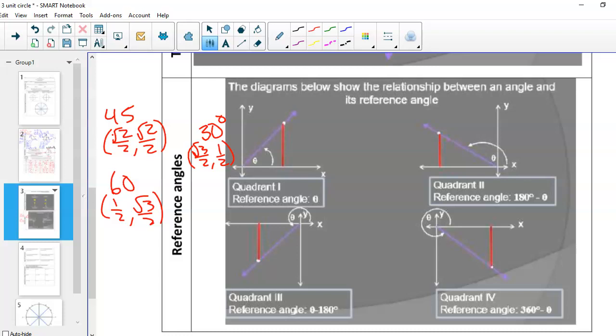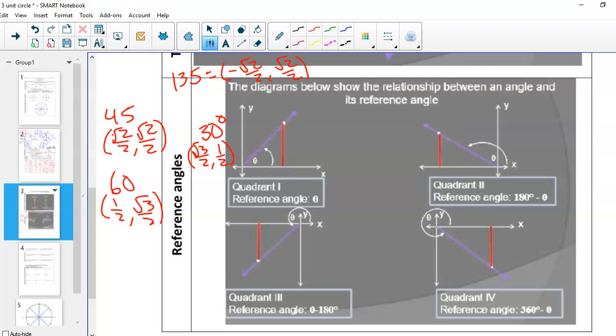So that means 135 in the second quadrant would be positive sine but negative cosine. So as long as we know what 30, 45, and 60 are, we can always find all of these angles.